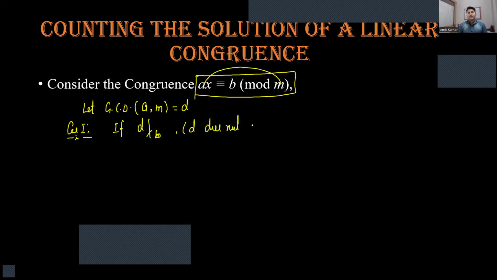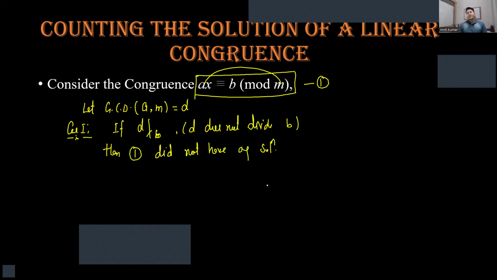Does not divide means it does not completely divide b. So if d does not divide b, then the given congruence does not have any solution.